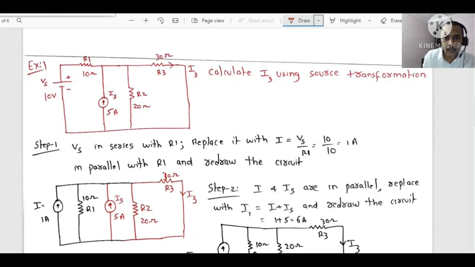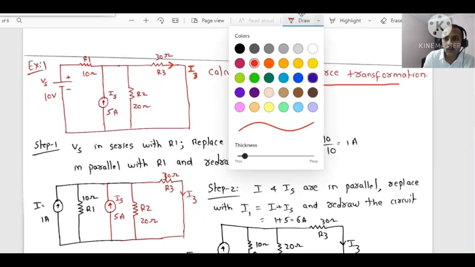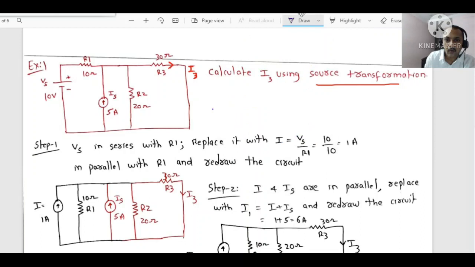In this problem he is asking to find the current I3, and is also specifying to apply source transformation. So what does it mean?